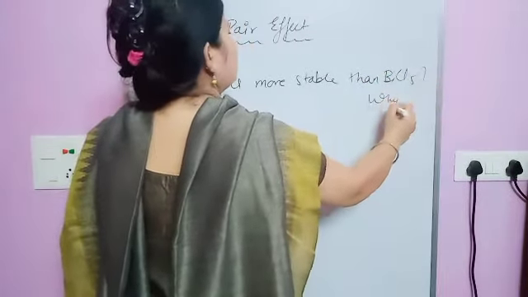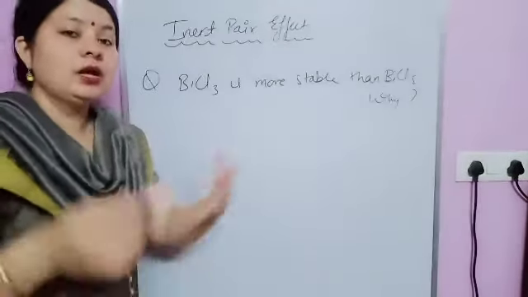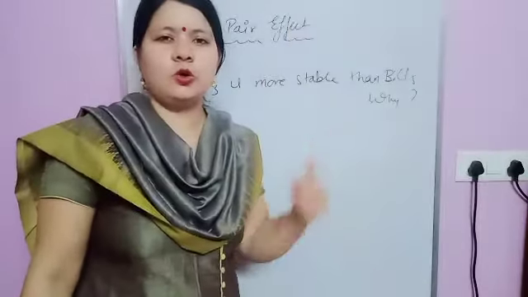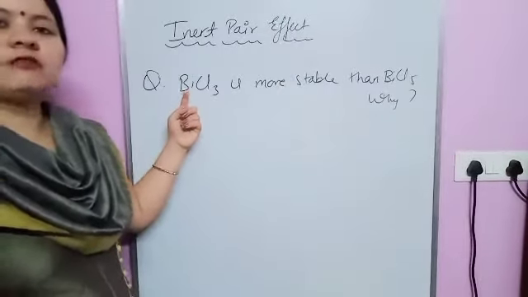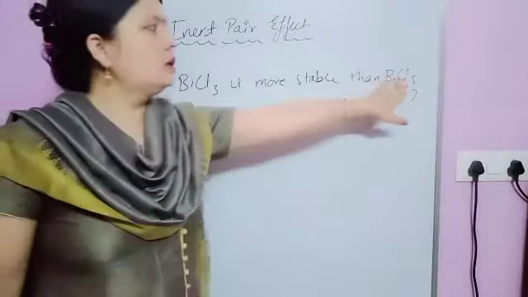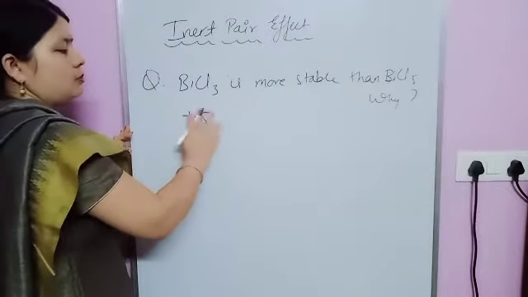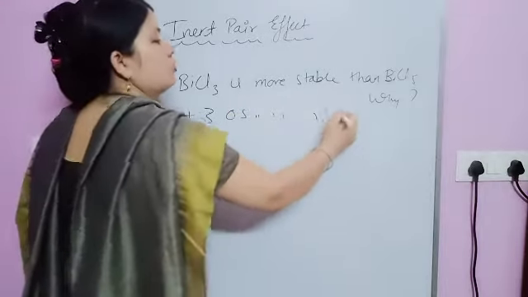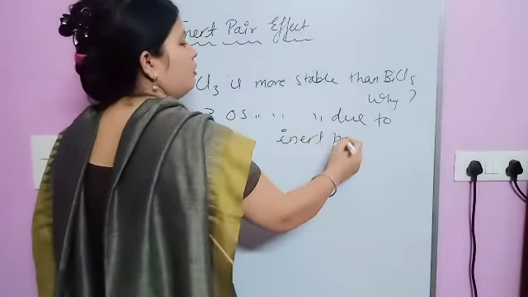If this type of question comes, use your mind: Bismuth is at the bottom of the group, so which oxidation state will be stable? In BiCl3, bismuth has oxidation state +3, and in BiCl5 it is +5. So obviously the +3 oxidation state is more stable due to the inert pair effect.